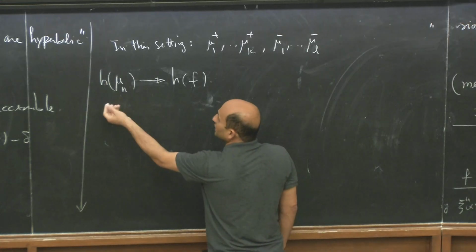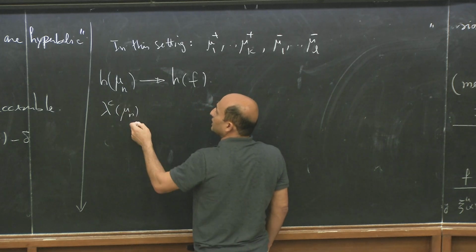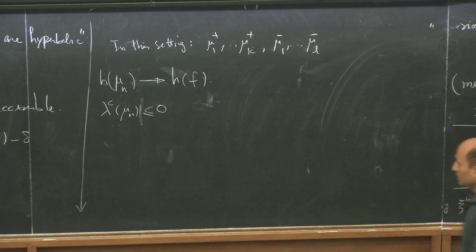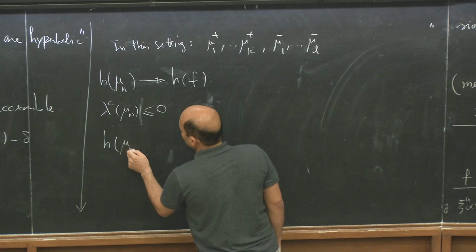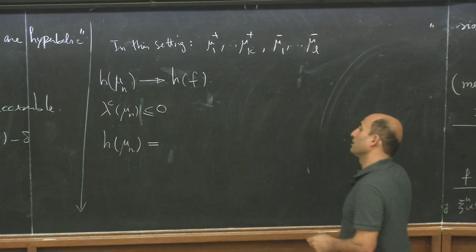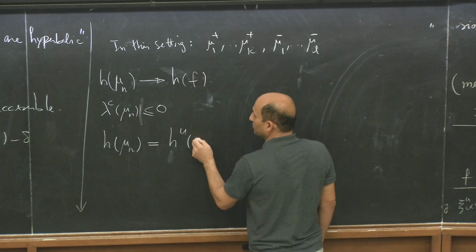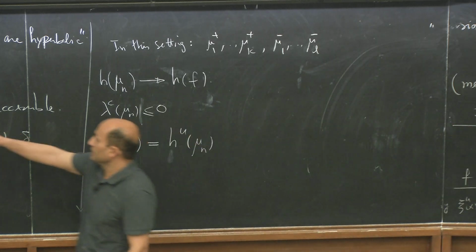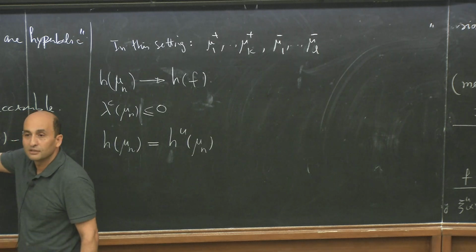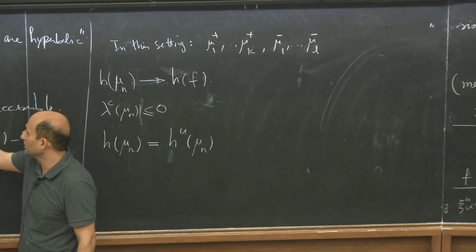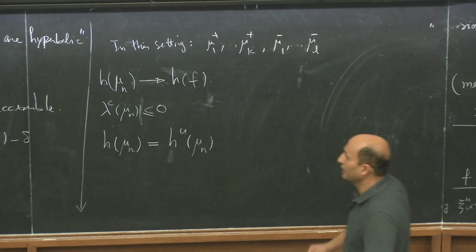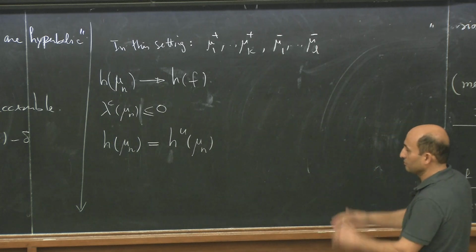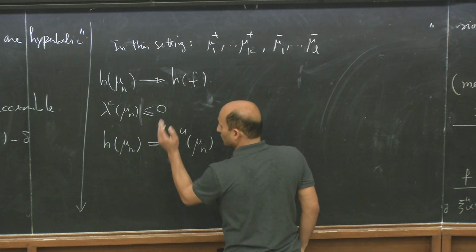So we can assume that the center Lyapunov exponent of all of them is non-positive, if not, take the inverse. So the entropy of mu_n, by the Ledrappier-Young formula, is equal to the U entropy of mu_n, because you don't have positive exponent. There are new results by Xiaobo Gan, Tong and Jiagang that provide this formula even in the C^1 case, when you have a good splitting and a one-dimensional center.